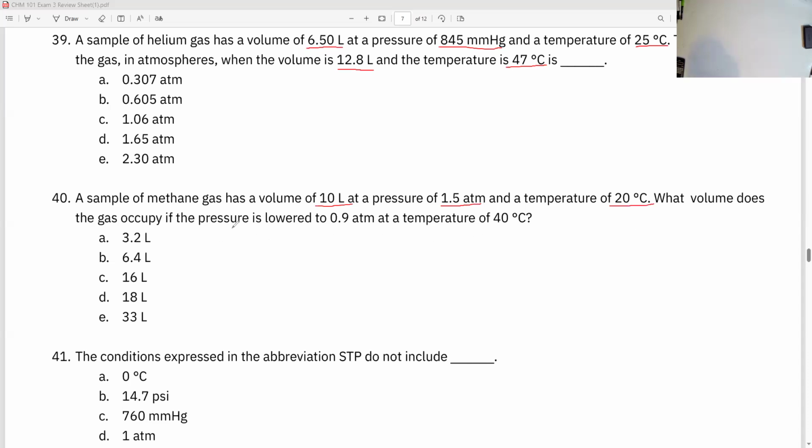What volume does the gas occupy if the pressure is lowered to 0.9 atm at a temperature of 40 degrees Celsius? So this is another example of the combined gas law, when they're giving us three properties to work with. In this case, they're changing the pressure and the temperature, and asking us to find the new volume. Okay, so let's take a look at both of those.